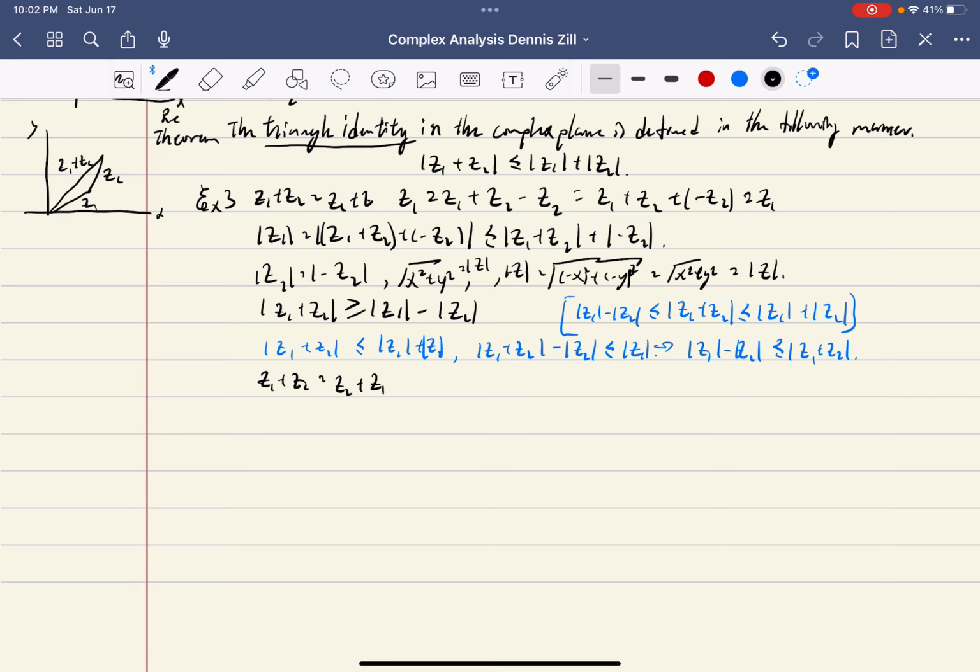And, well, what about we take the modulus of it? Right? Well, this is bigger than, see, z2 minus z1, right? Well, which is what we factor out a negative sign, right?